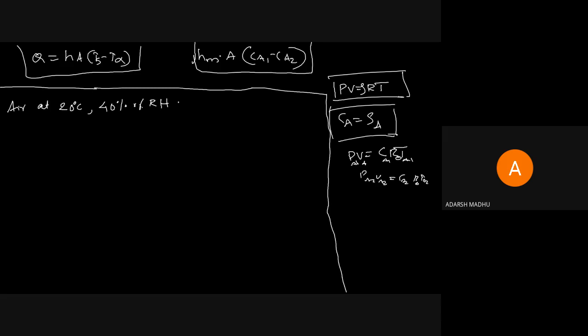Air at 20 degrees Celsius and 40% RH flows over a water surface at a velocity of 1.4 meter per second.